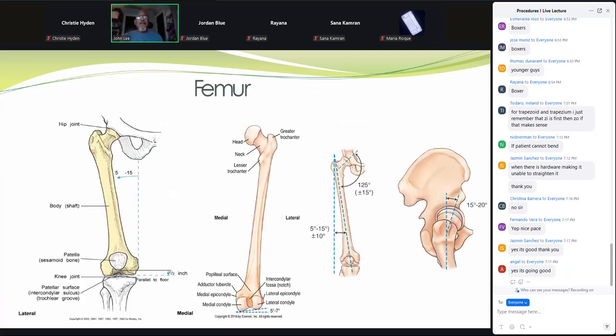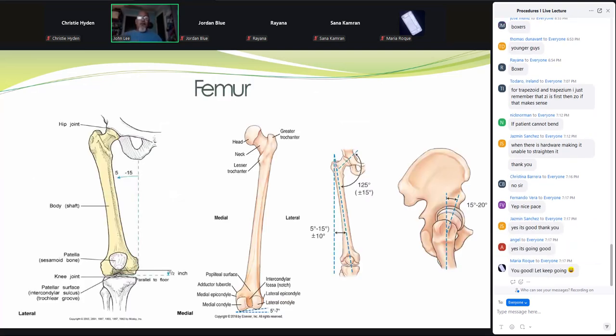All right. So moving into the femur, lower extremities. A couple angles that we don't talk about, a couple things that we don't really discuss either. The femur articulates with the pelvis at the hip joint.